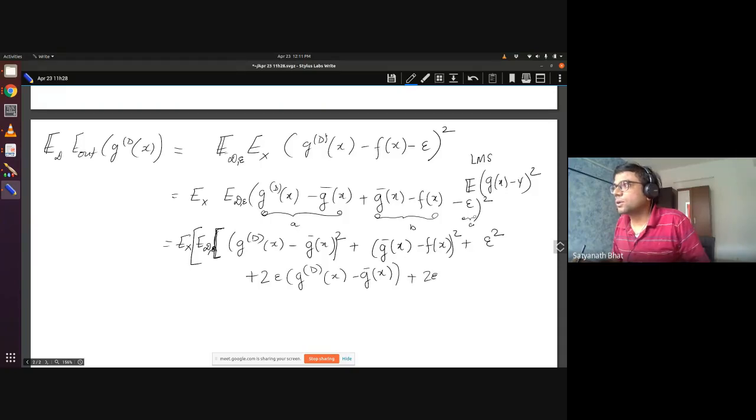Then 2 epsilon times G bar of x minus f of x, plus GD x minus G bar x, 2 times into what is the thing left, G bar x minus f of x.